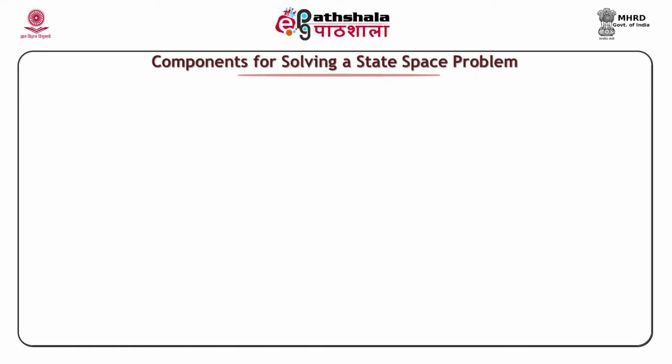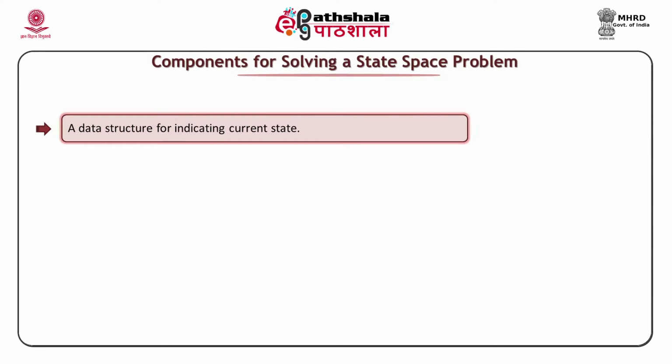Now let us summarize what we need as components. What are the components for solving this problem? First, we need a data structure for storing the state. In these trivial cases, we only need a 2 value vector and a 3 value vector, 3 integers only. That is all. That's pretty simple. But that is not going to be the case in most complicated problems. For example, think of a robot domain.